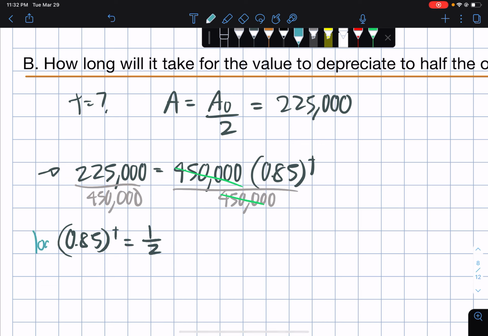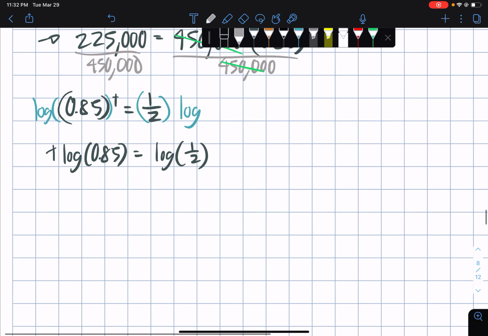Put log on both sides. Then t log 0.85 is equal to log 1 over 2. Divide both sides by log 0.85.